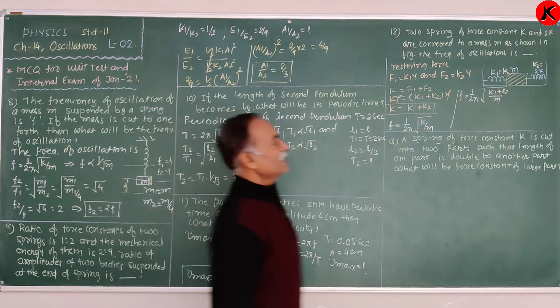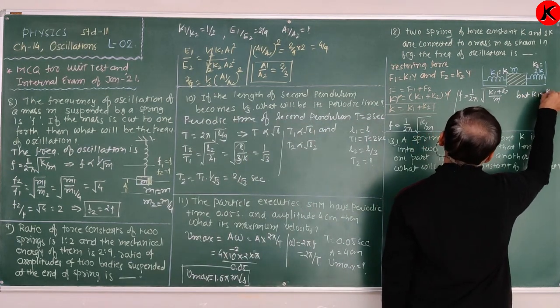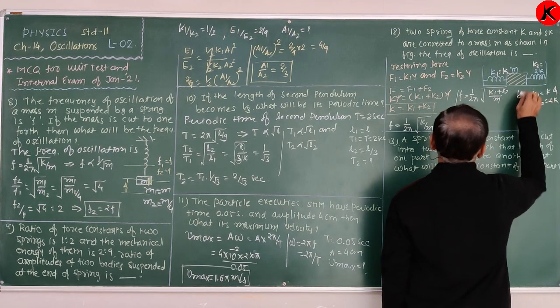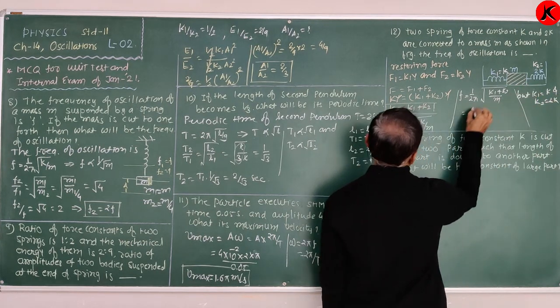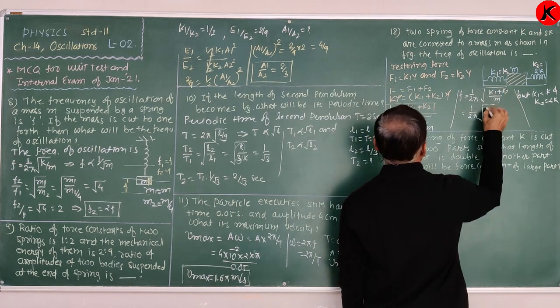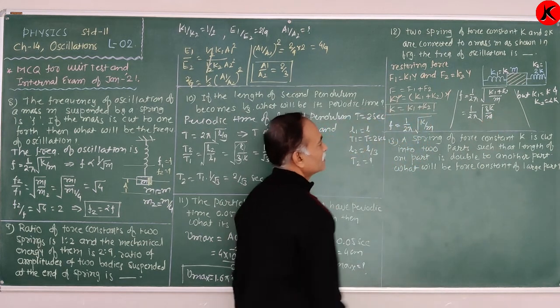But here, what is given? k1 is equal to k and k2 is equal to 2k. Substitute it here. Therefore, 1 upon 2 pi under root of k plus 2k, 3k upon m. That is the frequency of oscillation.